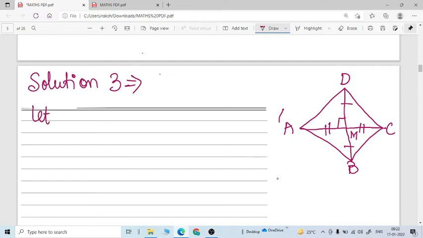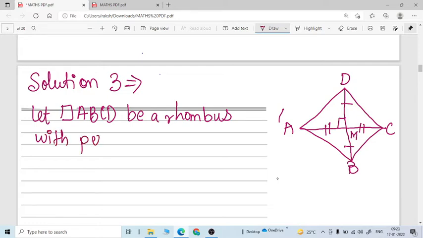Let ABCD be a rhombus with perimeter 100 centimeter, as given in the question. So we'll write rhombus ABCD with a perimeter of 100 centimeter.